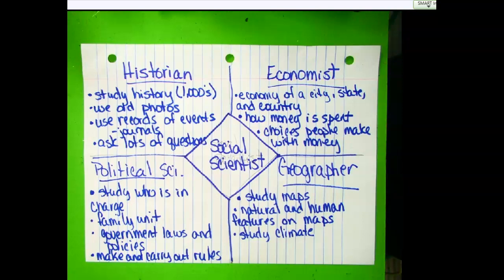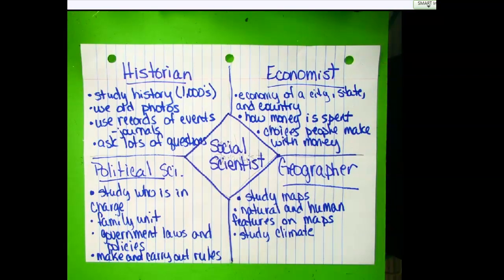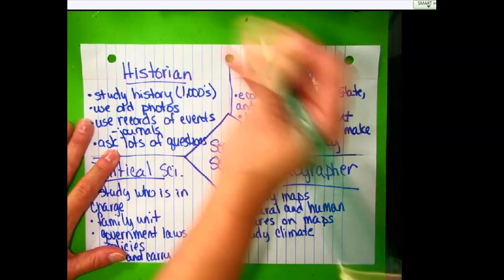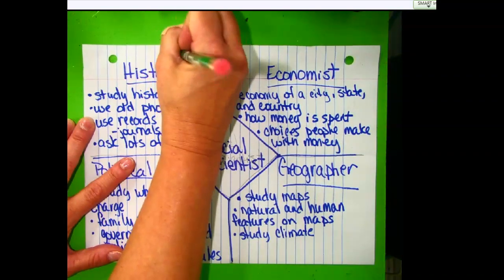So I'm actually going to switch colors because I want to focus on some artifacts that they look at. So the artifacts of a historian, over here, I'm just going to make a little arrow and put artifacts.